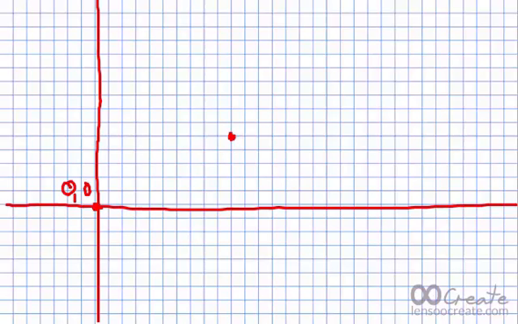We want to know exactly how far it is between those 2 points. Well, we can use Pythagoras because we know that this makes a right angle. So this is going to be our A, this is going to be our B, and opposite the right angle is going to be C.